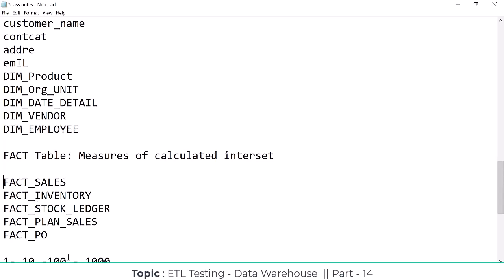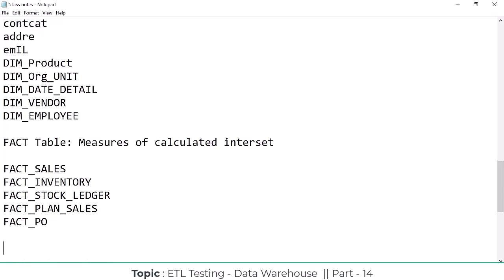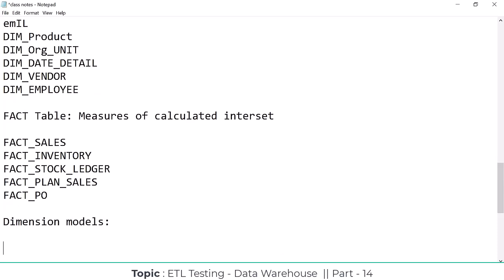Next, we are going to discuss the dimension models. The OLAP system follows the dimension models, and the OLTP system follows the ER model.